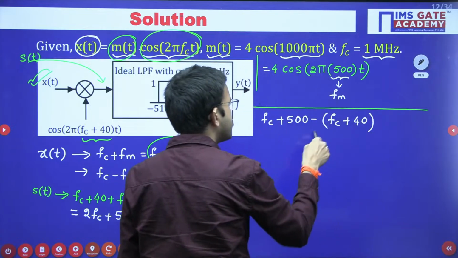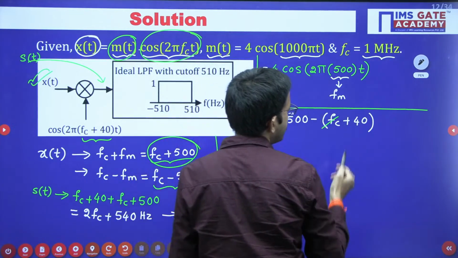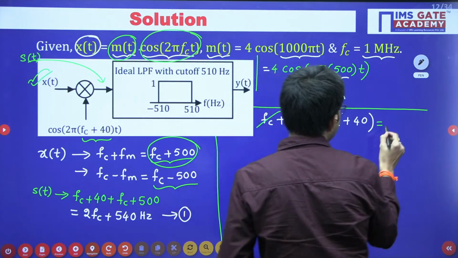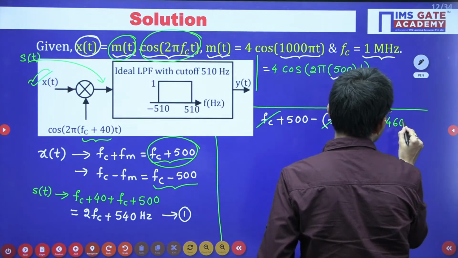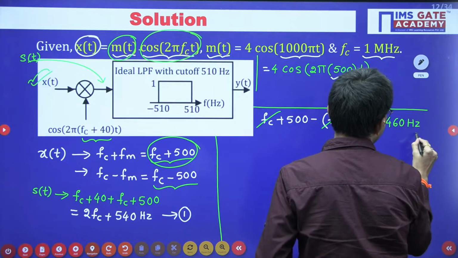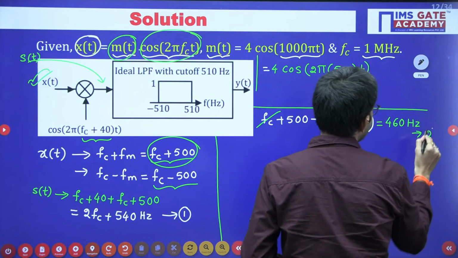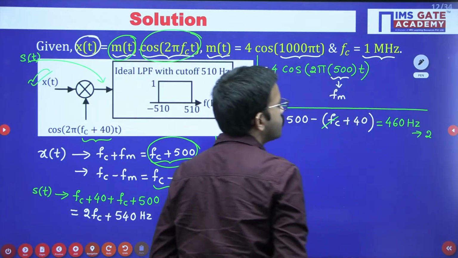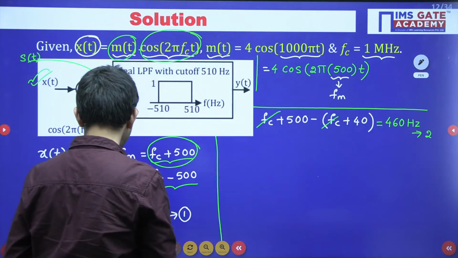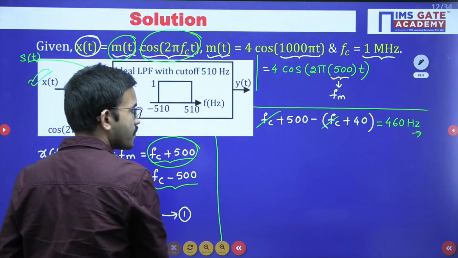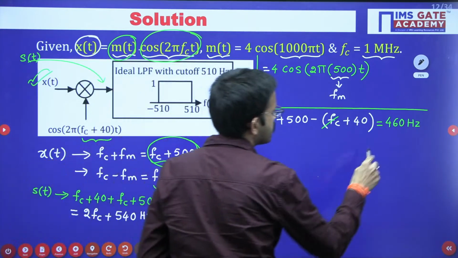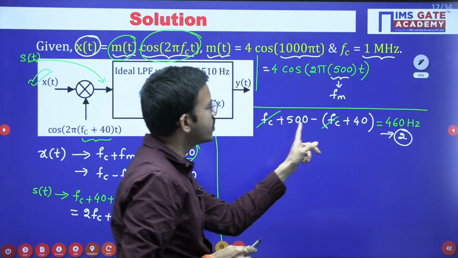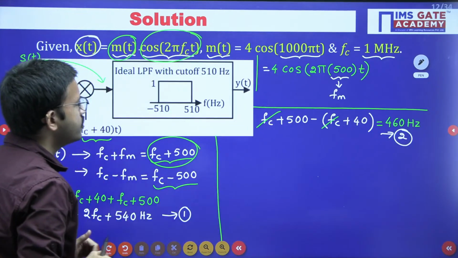Here fc will get cancelled, 500 minus 40, which is nothing but 460 Hz. That is the second frequency.